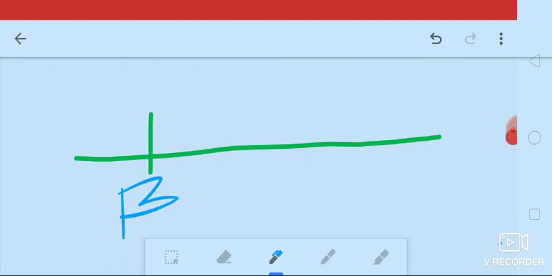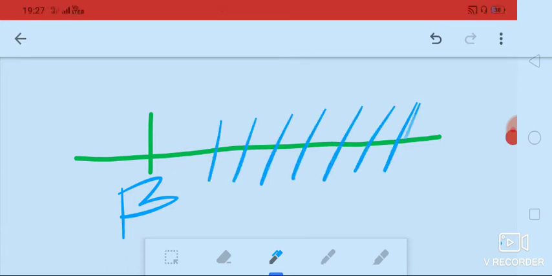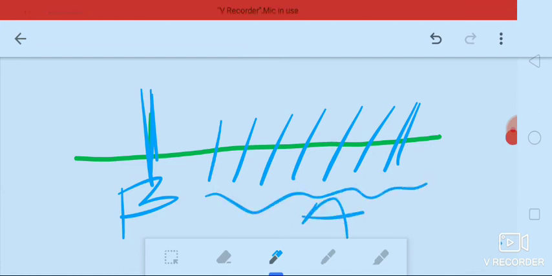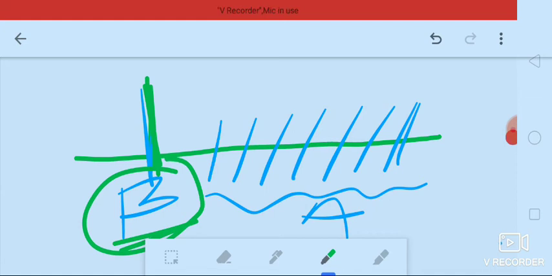Every element of A is on the right-hand side of this vertical line beta. These are all the elements of A, and none cross this vertical line. Every element of A is on the right-hand side of beta, then we say that this beta is a lower bound of A.